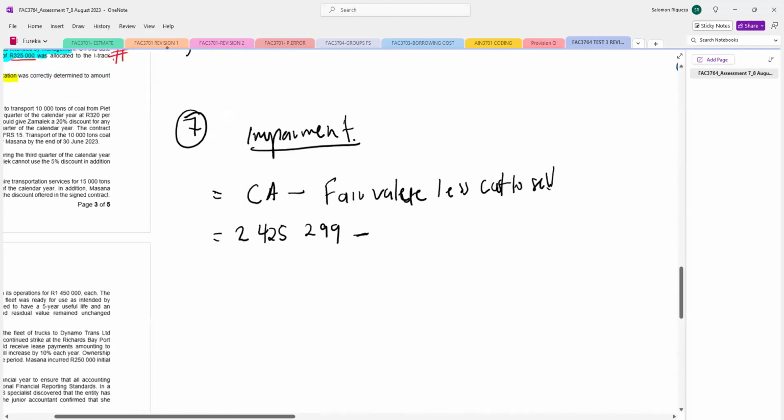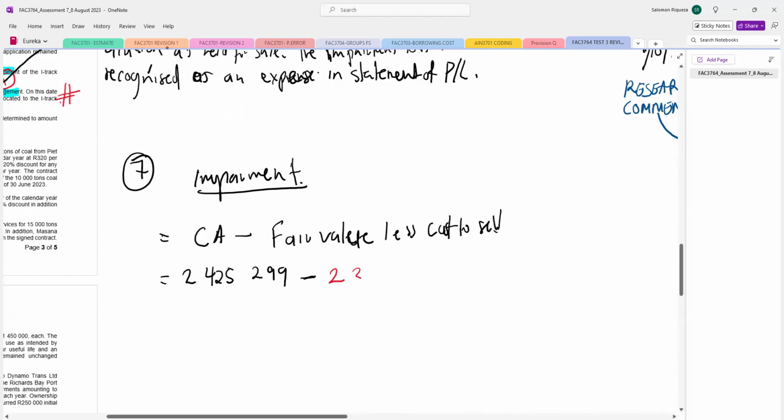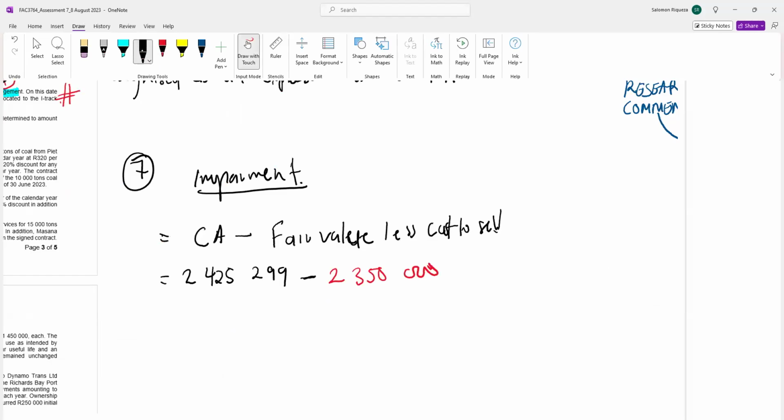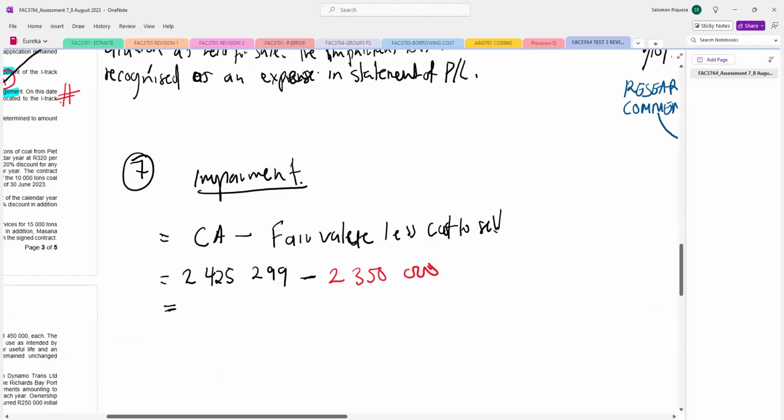So we come here, 2,350,000. And from there we can get our impairment. The carrying amount 2,999 minus 2,350.